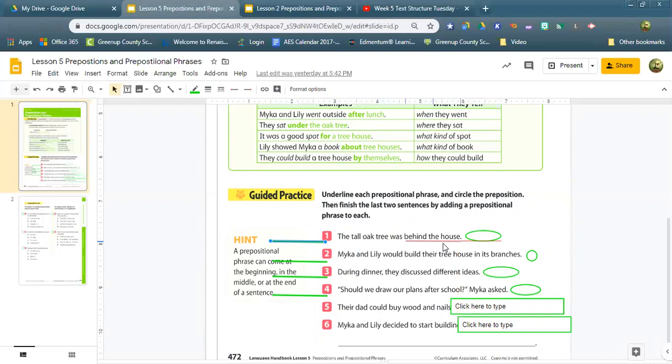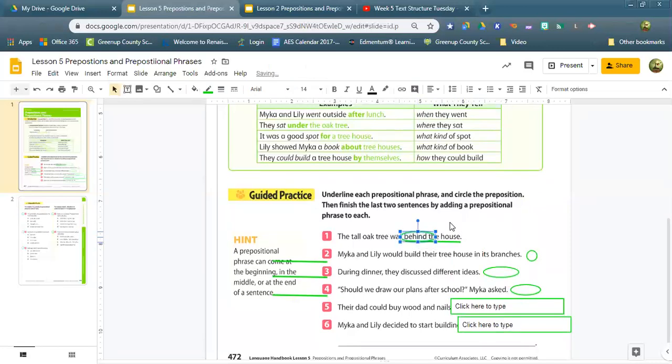So behind the house, that would be my prepositional phrase. And my preposition, I would circle, which is behind. And you can shorten these things just by grabbing those little blue boxes there and adjusting if you would like, okay? So that's how you do that.